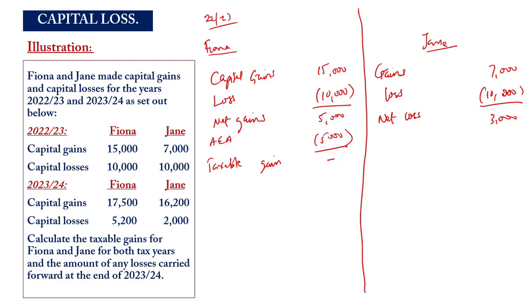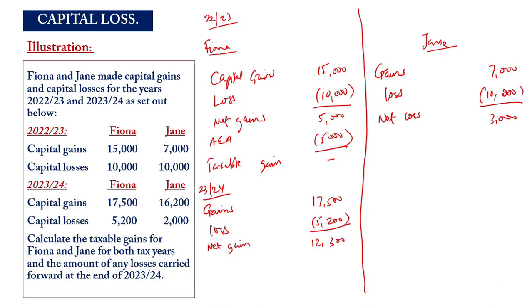So now when we come to the tax year 2023-2024 for Fiona, she didn't have any loss in the previous year, so there's nothing to bring forward. So in that year she had gains of £17,500 and then a loss of £5,200. So there's going to be a net gain again of £12,300.